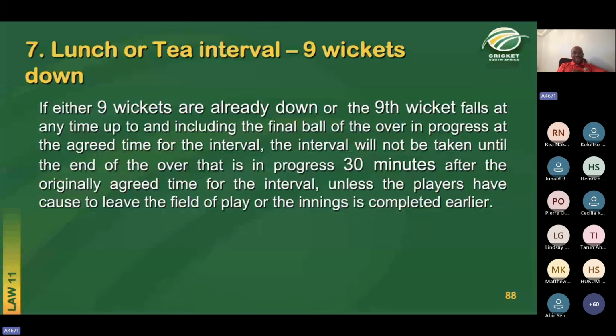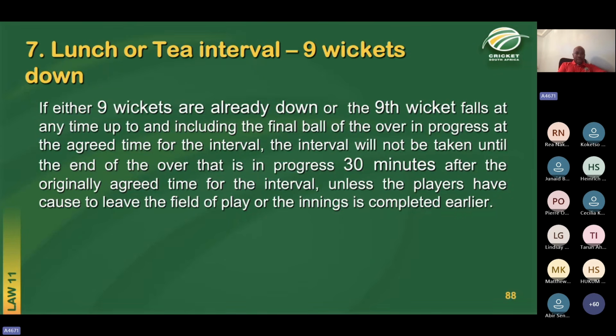So if a team is 9 wickets down, then the fielding team only need 1 more wicket to bowl the batting team out completely, to complete the innings, okay? And we know that generally the number 11 batter who will be in when 9 wickets are down is probably the worst batter in the team and doesn't normally bat for long.